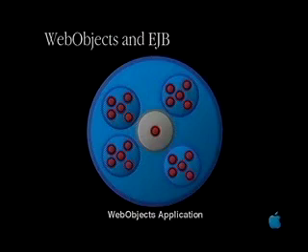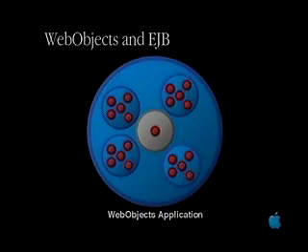Now I'd like to talk very briefly about what our plans are for WebObjects and EJB. Our first and foremost goal is to create a container so that third-party vendors can drop their EJBs into a WebObjects application. Now, in order to really support Enterprise Java Beans, you have to implement a container.